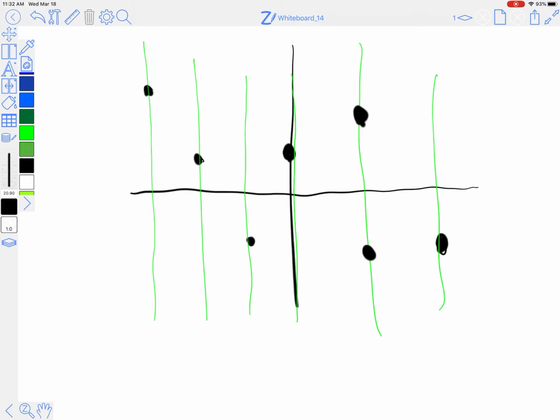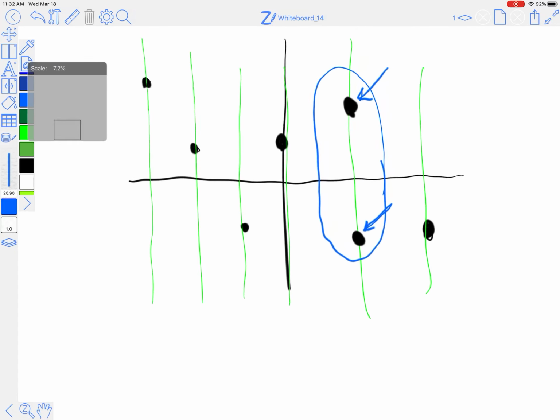So now, if I were looking at this graph, I could see that right here, this graph or this relation fails the vertical line test because my vertical line touches this graph or these points in more than one place.